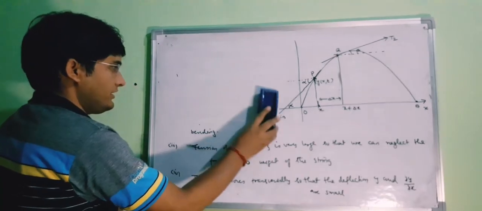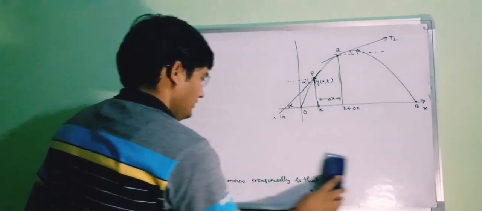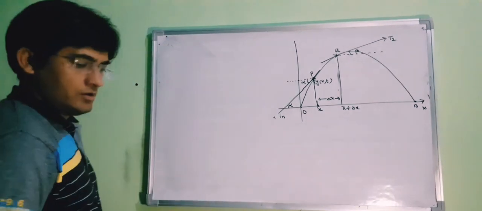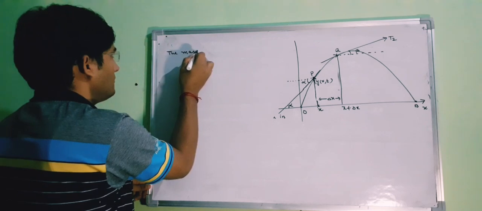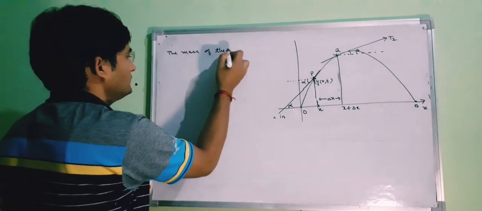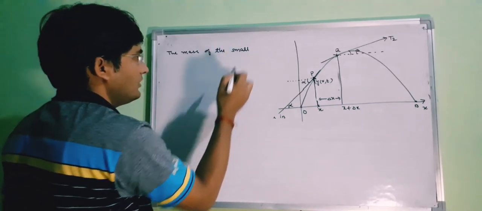Now keeping in mind these assumptions, consider the mass of the small arc.